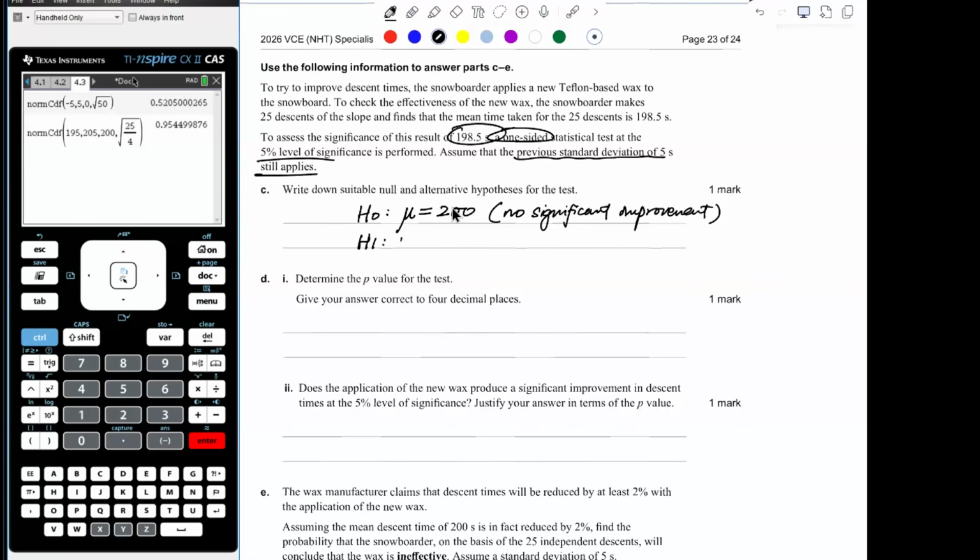And H1 is mu is less than the previous expected value, so we have significant improvement. Basically, the logic is if we have the evidence to reject H0, that means we have significant improvement. If we don't have enough evidence to reject that, we can conclude no significant improvement.